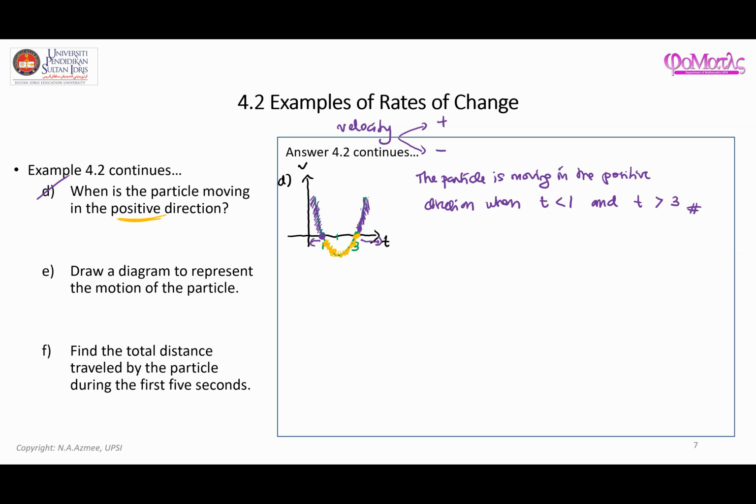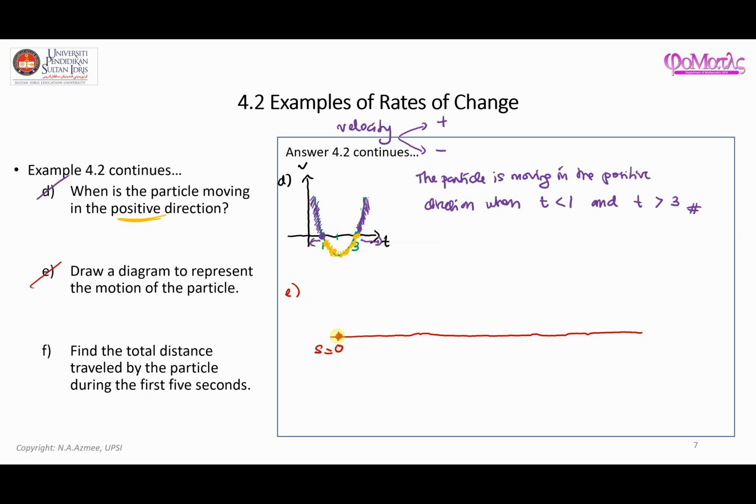Okay, so next, we are going to answer the next question, which is this one: draw a diagram to represent the motion of the particle. So perhaps we can start off with having a straight line here. Okay, and this is going to mark point 0. So this is the value of s equals 0.